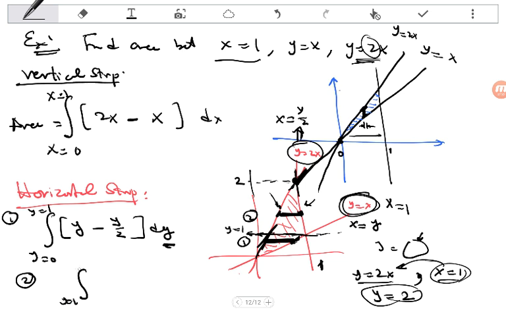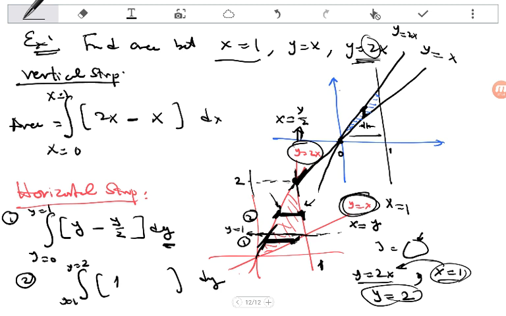So I slide from y equals 1 to y equals 2, and this is dy. Now I just need to express the length of the strip, the right curve minus the left curve. What is the right curve here?